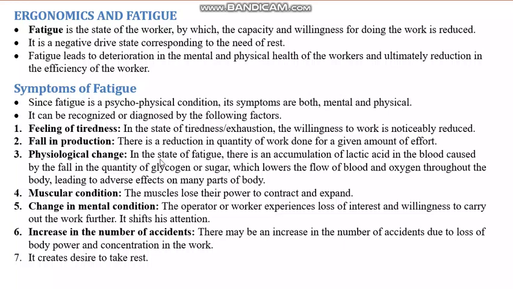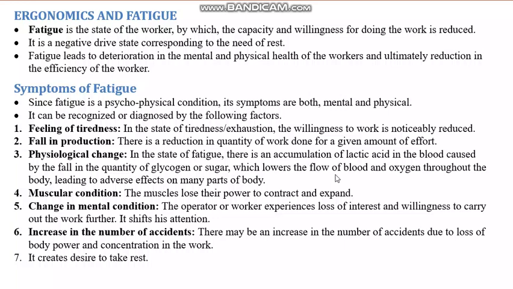Then physiological change. In the state of fatigue, there is an accumulation of lactic acid in the blood. This is the chemistry of the body. It is caused by the fall in the quantity of glycogen or sugar. Why is lactic acid accumulated in the blood? Because the quantity of sugar in the body is reduced.